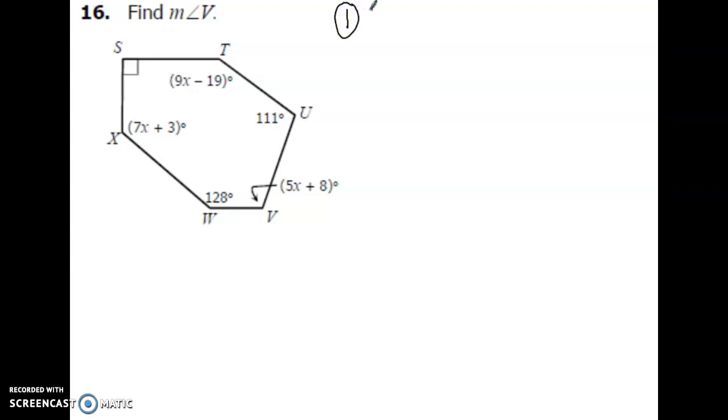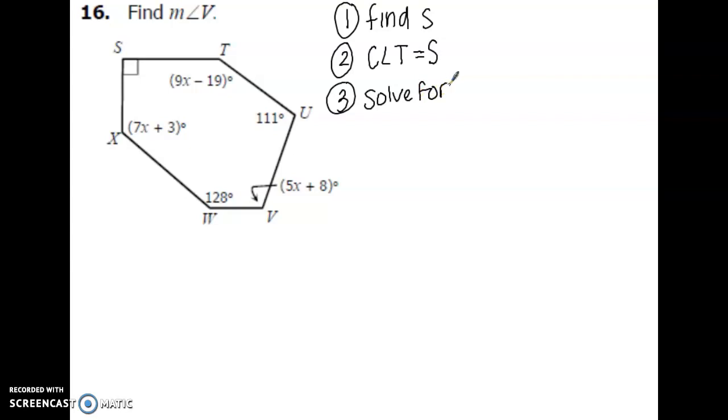Number 1 is to find your sum of interiors, so find your S. For number 2, you are going to combine your like terms and then set them equal to that S. Step number 3 is to solve for X. And step number 4 is plug in if needed. And 16 is actually one that we will need to plug in. So we can actually solve these using these steps.